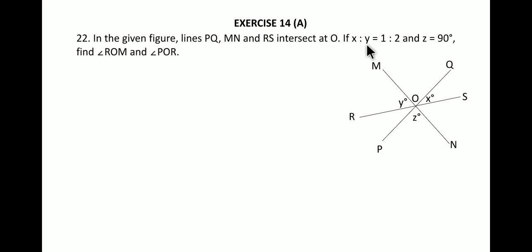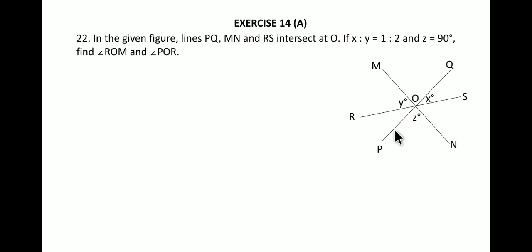Here the ratio of x to y is given as 1:2 and z is equal to 90 degrees. You have to find angle ROM, which is this measurement y degrees, and also you have to find angle POR, which is this angle.